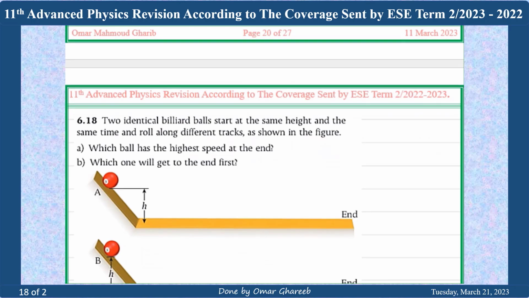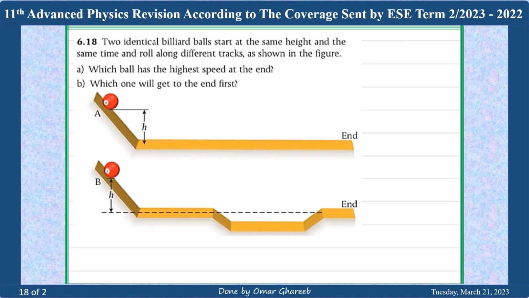Now, this is an interesting question. Identical billiard balls. Identical means the mass of the first one equals the mass of the second one: mass of A equals mass of B equals m.